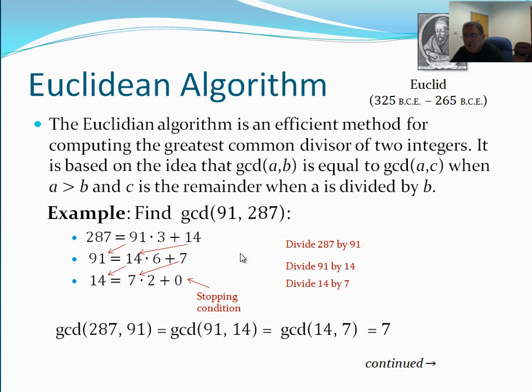All right, here's another algorithm that I'd like to show you. The Euclidean algorithm is an efficient method for computing the greatest common divisor of two integers. It is based on the idea that the GCD of A and B is equal to the GCD of B and C, when A is greater than B and C is the remainder when A is divided by B. The best thing is to do an example, because this is a very efficient way to find the greatest common divisor.